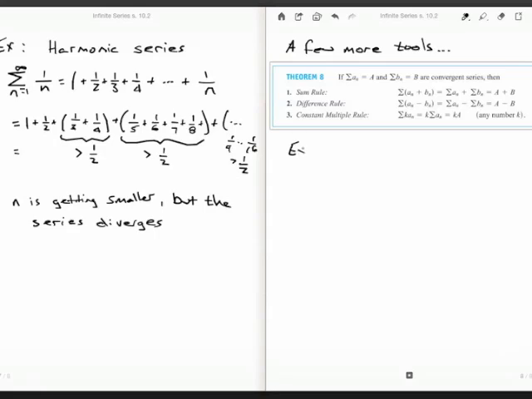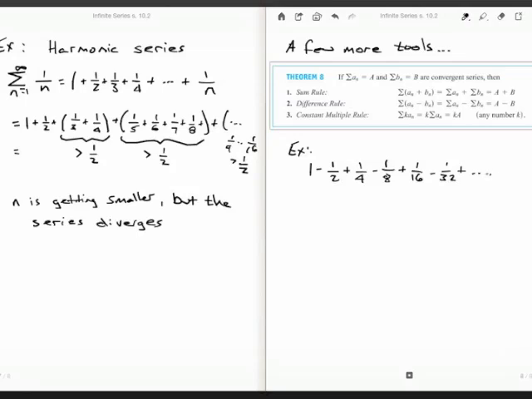Here's an example. Find the sum of 1 minus 1/2 plus 1/4 minus 1/8 plus 1/16 minus 1/32 plus dot dot dot.